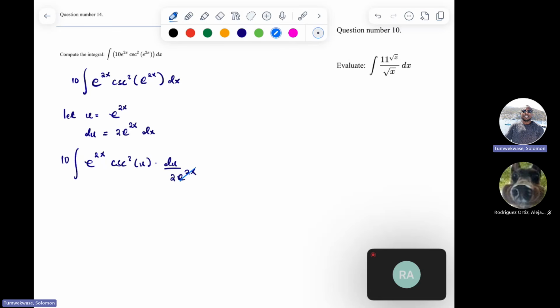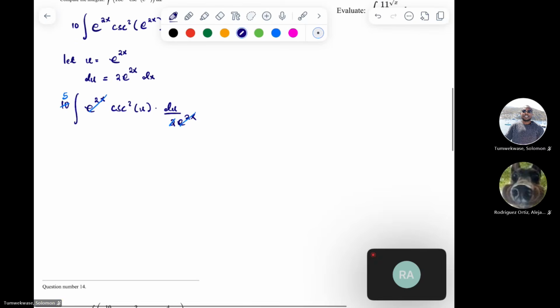Okay, so e to the 2x and e to the 2x cancel. This 2 here comes outside, so we have 10 over 2, and 10 over 2 gives me 5. So finally, I have 5 integral cosec squared u du, and when I integrate cosec squared, I get negative cotangent.